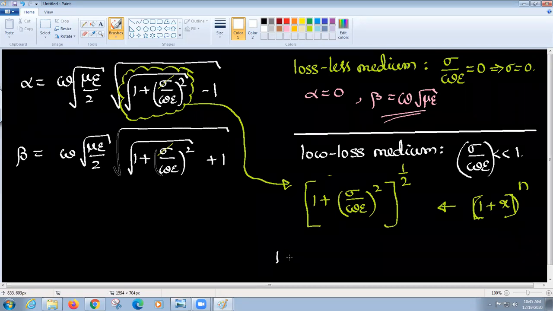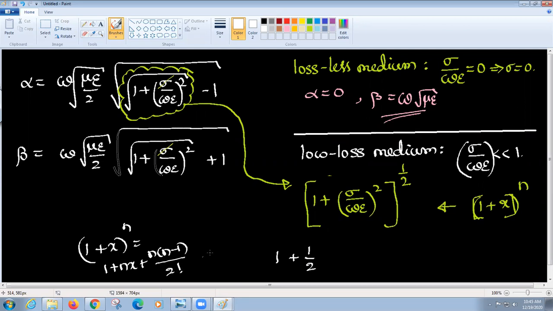What do you get if I expand this? 1 plus x power n is equal to 1 plus nx plus n into n minus 1 by 2 factorial x squared plus so on. Here n is equal to half, and x is sigma by omega epsilon square.